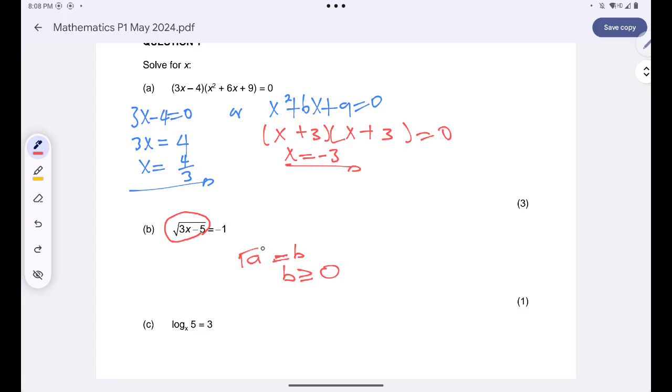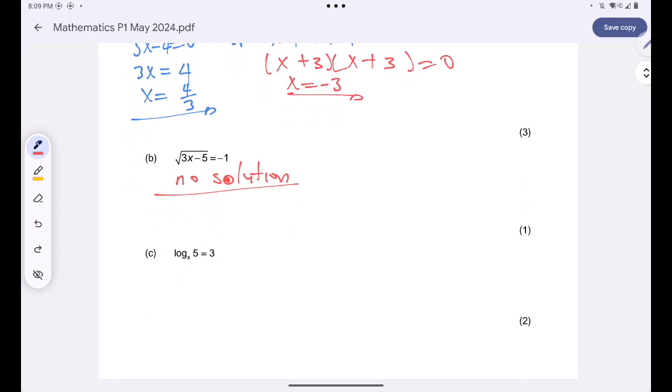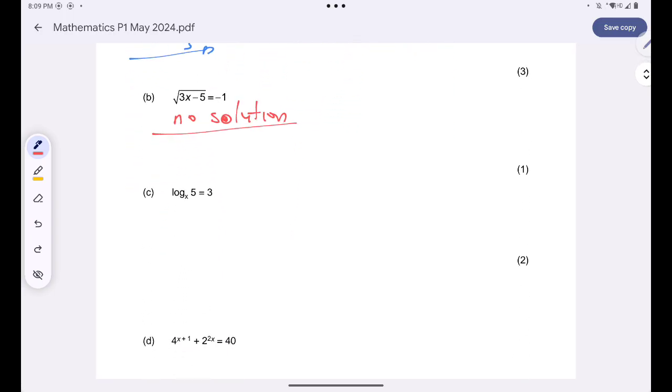If you can check here, I have the square root of a is equal to b. The value of b will always be greater or equal to 0, because there's no value of a that I can insert inside the square root and give me a negative value. So in this situation, I'll simply say there's no solution. Okay, now let's move on.